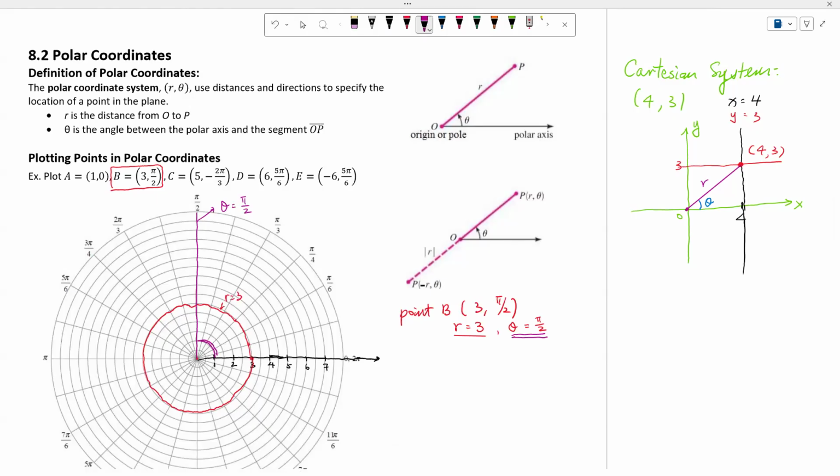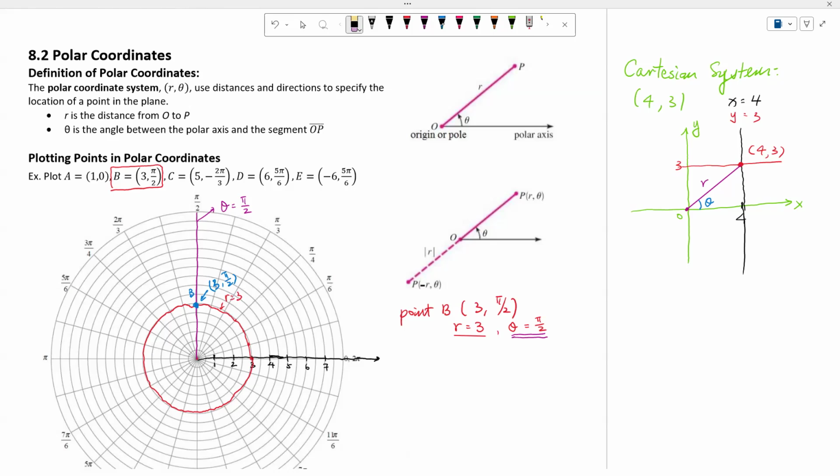Then for this point, we are looking for the intersection between r equal to 3 and theta equal to pi over 2. So this point right here will be point B, which is (3, pi over 2). So this is the idea here.